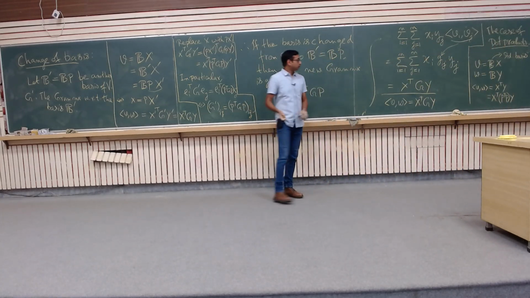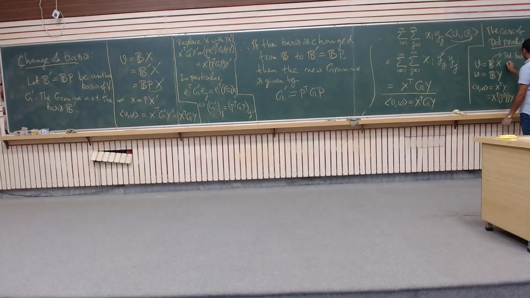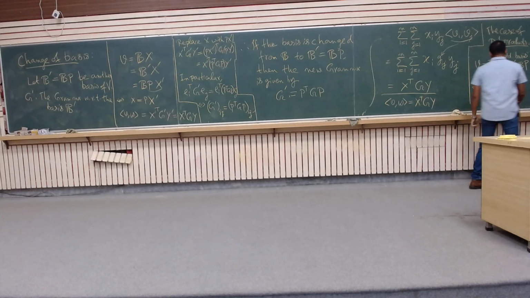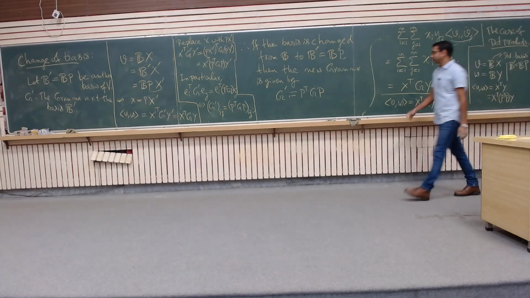So if you change the basis by P, so if you go from B to B dash, which is BP, the dot product will change to X transpose P transpose P Y. So this will be the new matrix, which we will call the gram matrix with respect to the new basis.